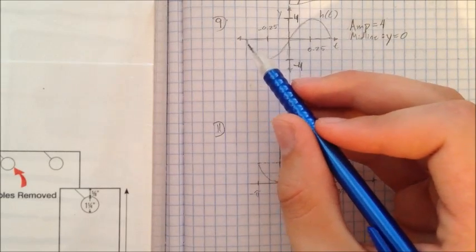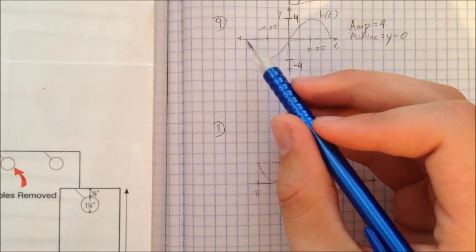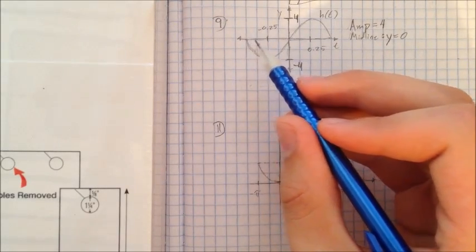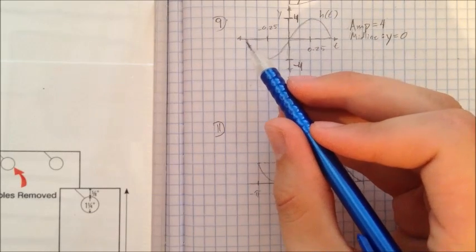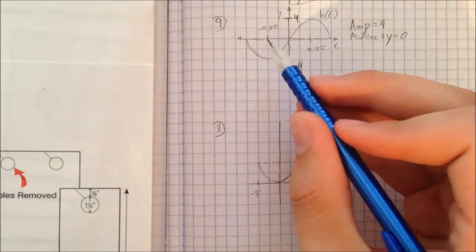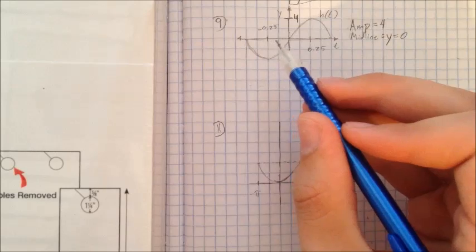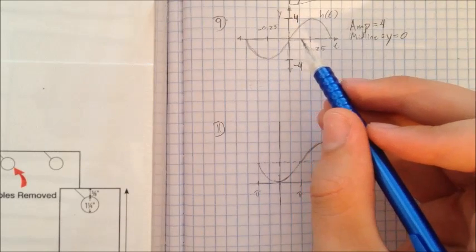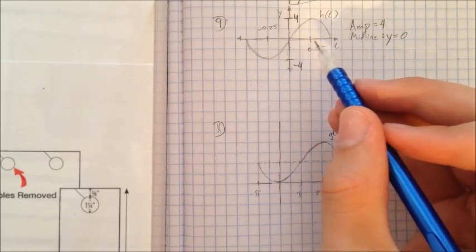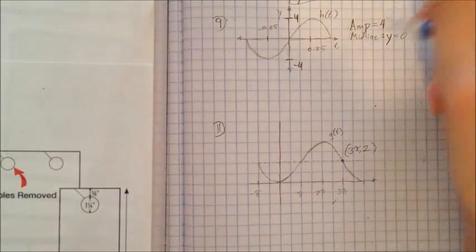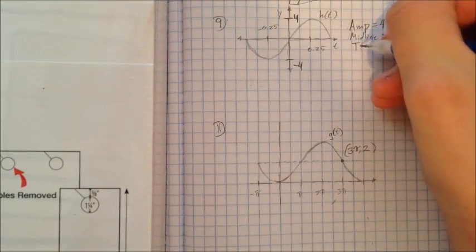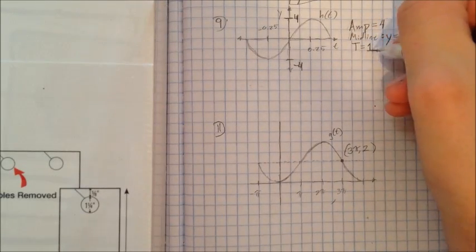So, how long does it take for this function to make one complete cycle? Well, let's see. It takes 1/4, it takes 1/2, it takes 3/4, it takes 1. So our period is equal to 1.